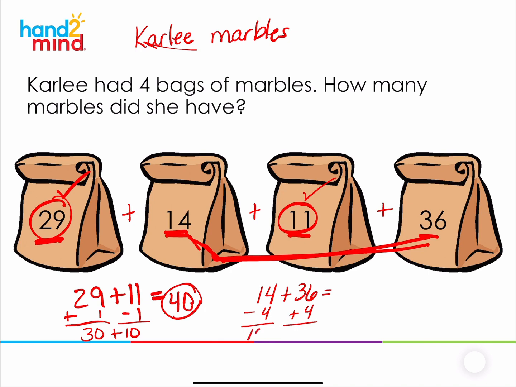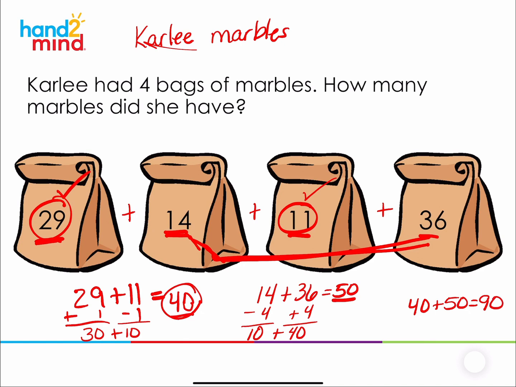And now I have 10 plus 40. And what is 10 plus 40? Well, it's 50. So now I can put the two sums that I got together. I can put 40 plus 50 to give me 90.